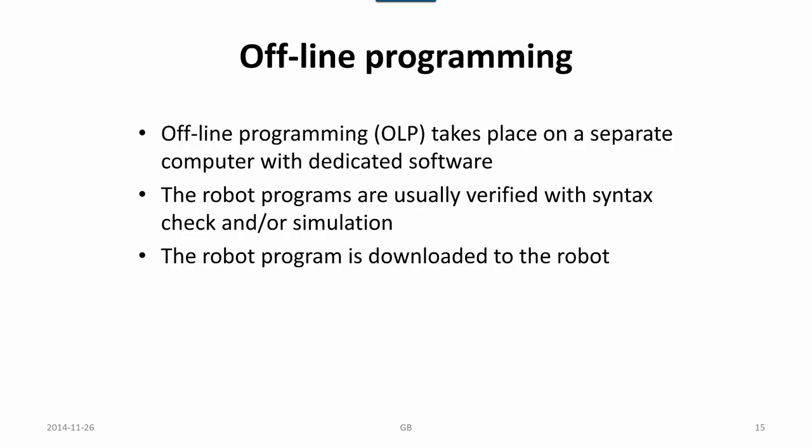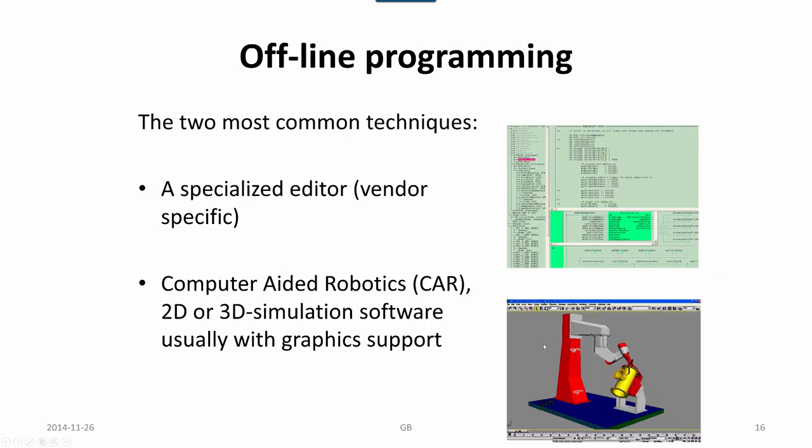Offline programming takes place on a separate computer with a dedicated system, software, and the robot programs are usually verified with a syntax check and/or a simulation. And the robot program is normally downloaded to the robot. In some cases, there could be a direct connection, so they are checked side by side, so to say, simultaneously.